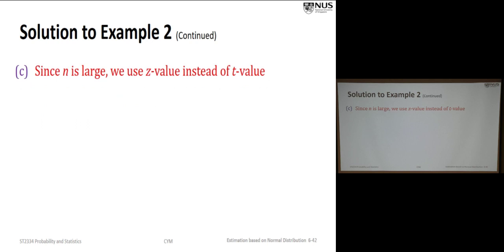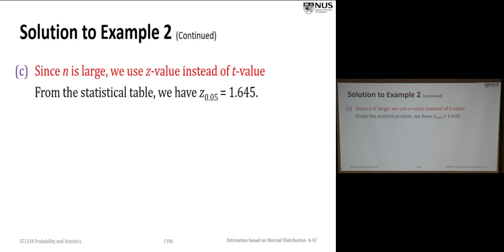But thanks to the central limit theorem, because the sample size is considered quite big, it's 50, we can apply the central limit theorem. So although I don't know the behavior of this X, which is the amount of money that the customer spends, I can approximate the distribution of X bar.